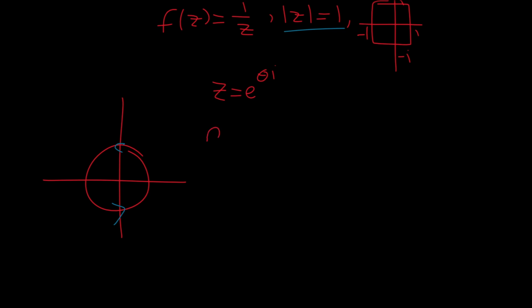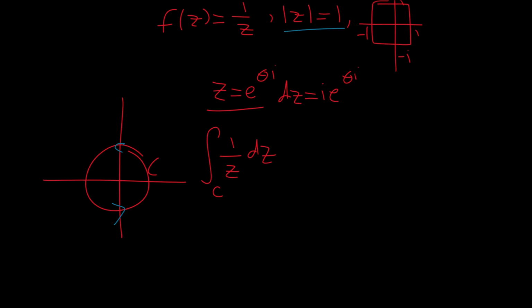So our integral, which is 1 over z dz, is going to be over this contour here, or that line. So what we can do then is substitute in the z for this, but then we also have to replace the dz. So dz is just equal to i times e to the theta i.